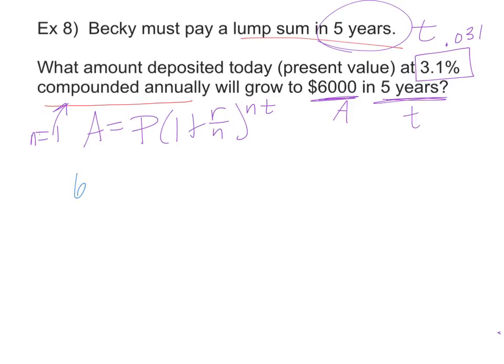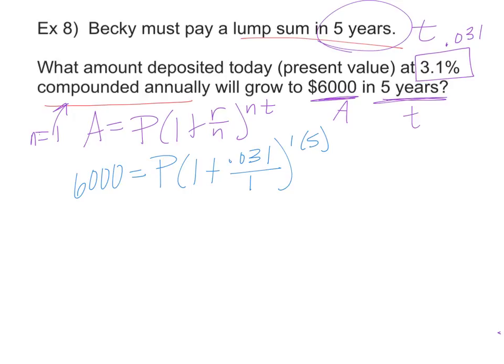So I have 6,000 is equal to my principal, which is what we're trying to figure out. How much am I going to deposit? 1 plus 0.031 divided by 1, because it's annual, to the 1 times 5 power.